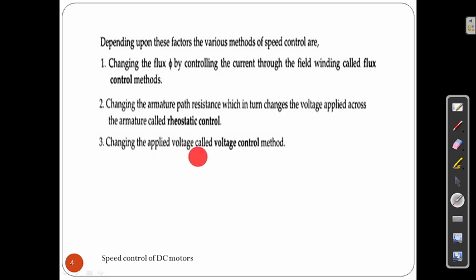Then changing the applied voltage is called the voltage control method.